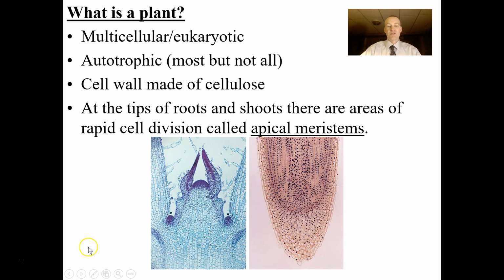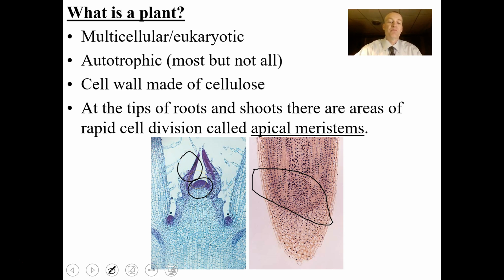At the tips of their roots and shoots, and I'm just pointing here so you can see this, so this would be a root, but at the very tip of this, we have these very special areas of rapid cell division called apical meristems. Over here we have a primordial leaf, and this is a little bud right there. Maybe that's going to become a new leaf or maybe a flower.